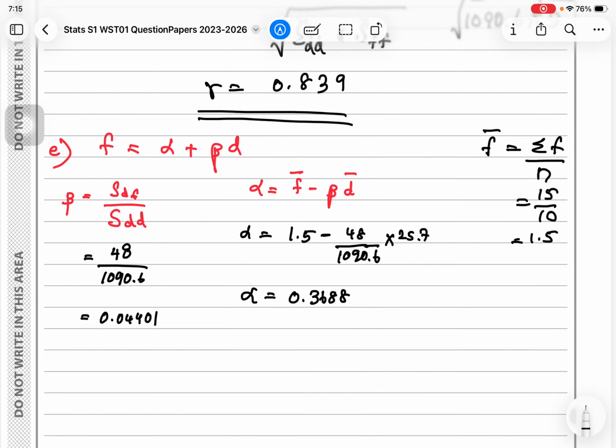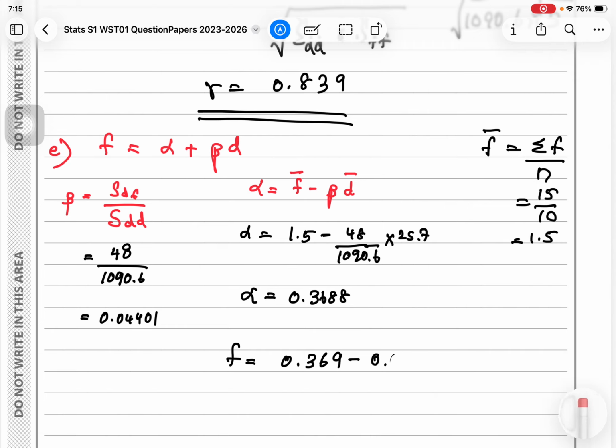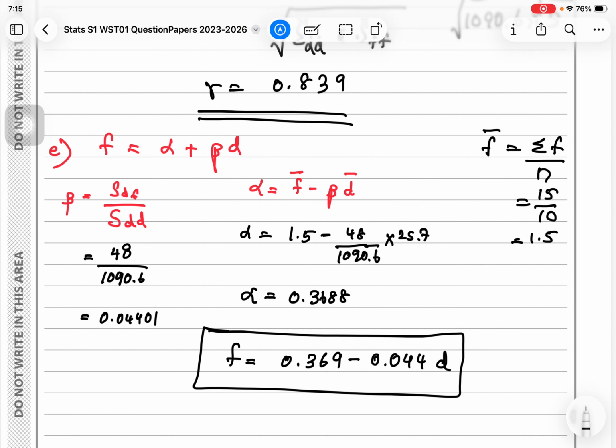Our linear regression line is F equals, if I go for 3 significant figures, 0.369 plus beta, which for 3 significant figures I'll go with 0.044 times D. Be very careful when you're writing small numbers. So this is our equation of regression.